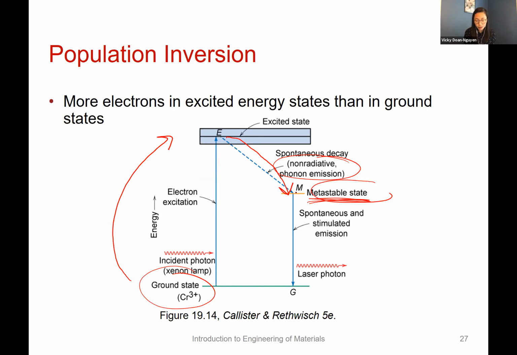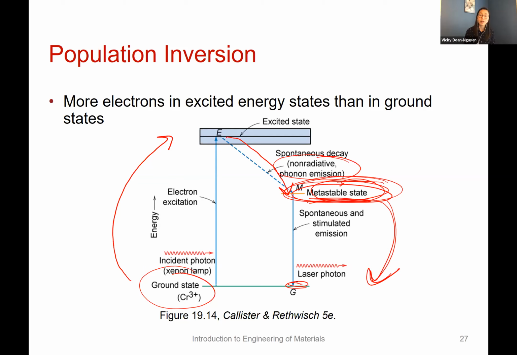If it gets stuck in this metastable state, at some point it will relax down. In a typical laser, the number of electrons in the metastable state, so your population at a higher energy state, is greater than that of those in the ground state. So that's population inversion.